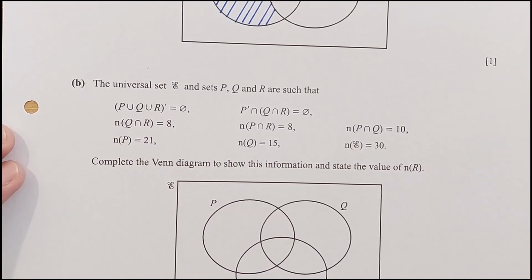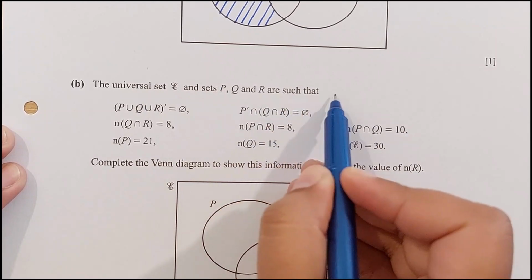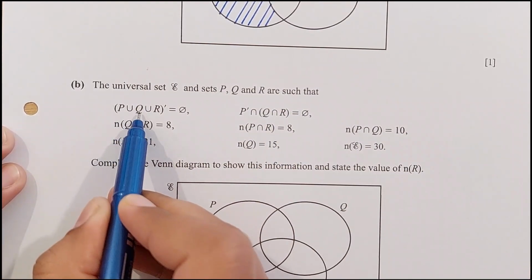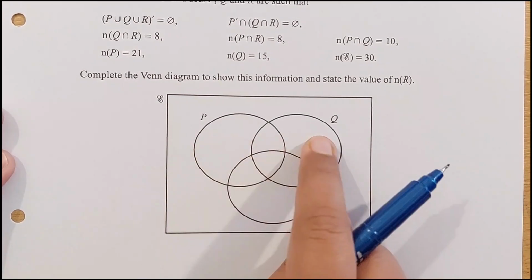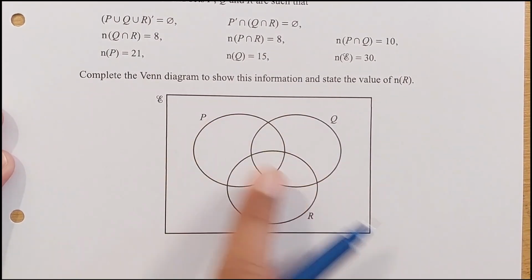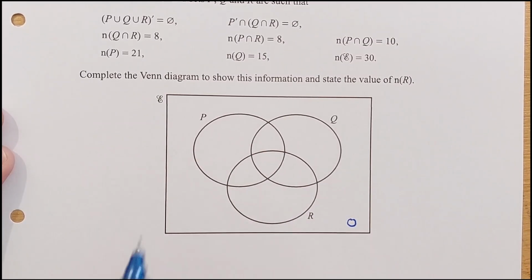Now for the second part, B: the universal set and sets P, Q, and R are such that (P union Q union R) complement is phi. So this is P, Q, and R, their union, and its complement is phi, which means outside the number is 0.